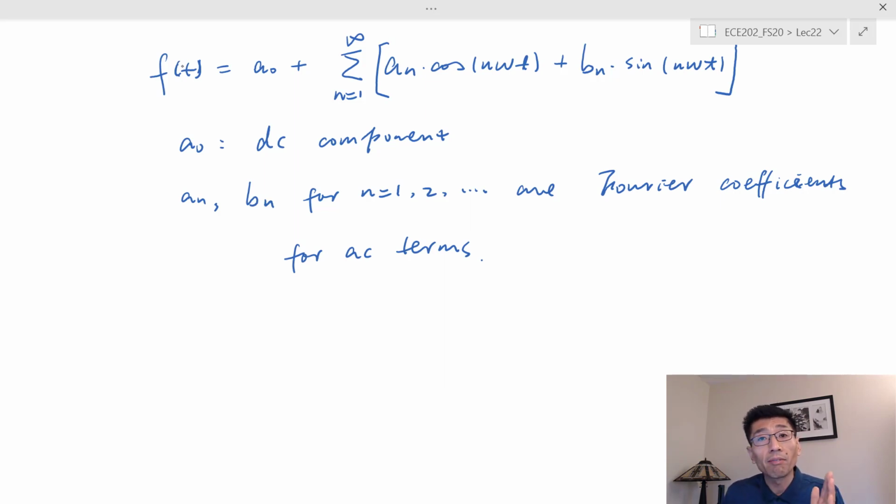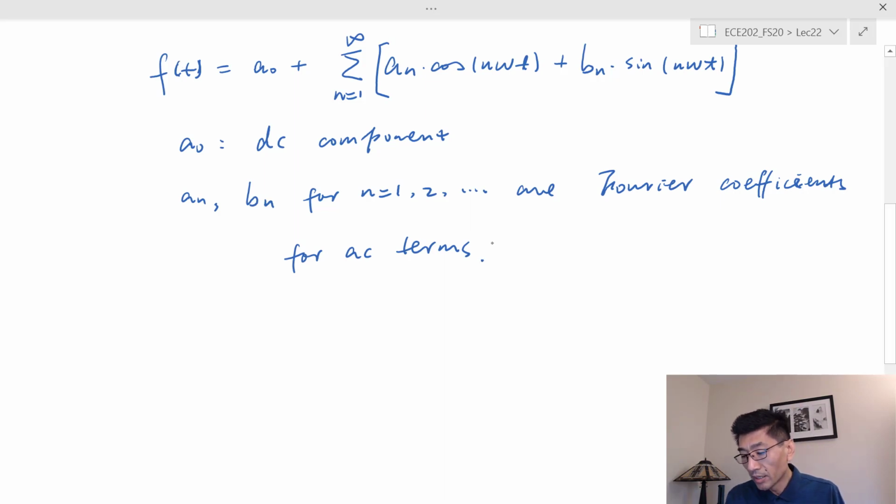Basically you need to have a finite number of discontinuous points in f(t) per fundamental period. In practical waveforms we don't really have anything that does not satisfy that condition. And also the integration of f(t) over the fundamental period has to be finite. We don't really worry about those conditions, so we're not going into the mathematically rigorous details in that area.